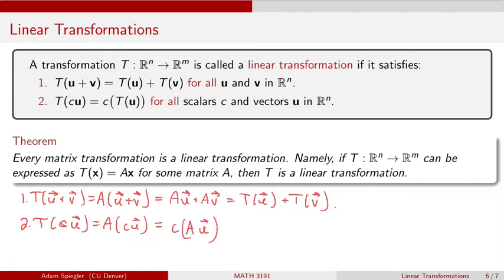So we can first take matrix A and multiply it by vector u, and then multiply by scalar c. And this is exactly the same thing as taking scalar c times T of u. So any matrix transformation is going to be a linear transformation.